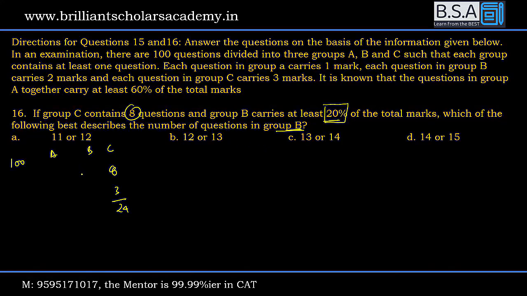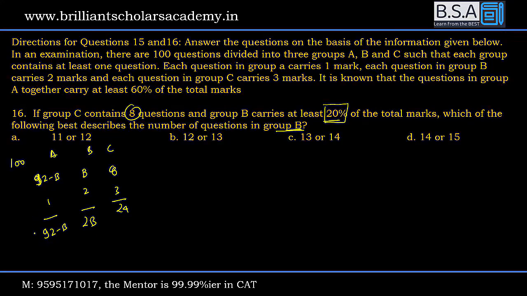Now because we need the value of B, if you want to solve it, I'll assume the variable B is the number of questions in group B, so marks are 2B. Here it becomes 100 minus 8, 92, so 92 minus B questions in A at 1 mark each, so 92 minus B marks.